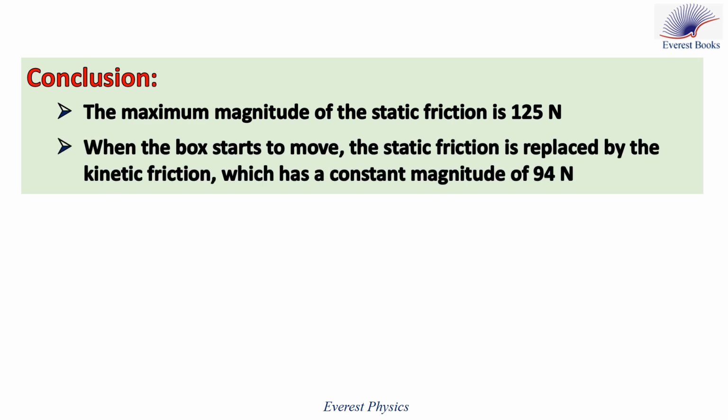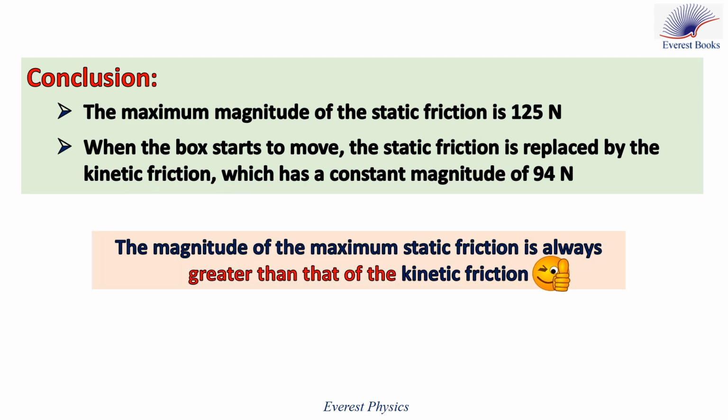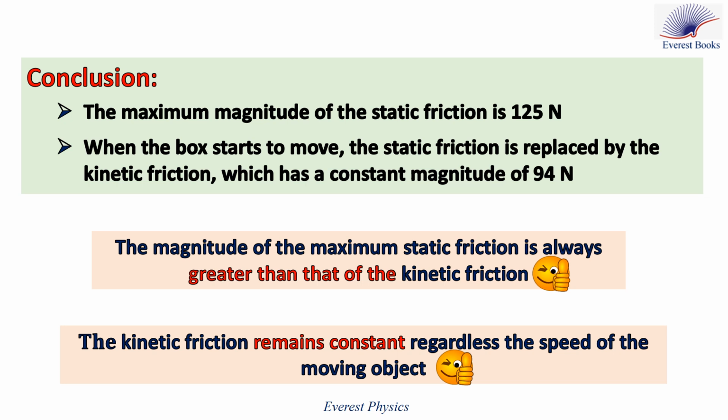When the box starts to move, the static friction is replaced by the kinetic friction, which has a constant magnitude of 94 newtons. Therefore, this simulation disproves the third misconception and shows that the magnitude of the maximum static friction is always greater than that of the kinetic friction. Also, the simulation disproves the fourth misconception and shows that the kinetic friction remains constant regardless of the speed of the moving object.